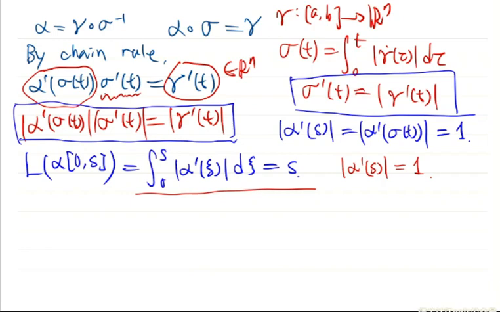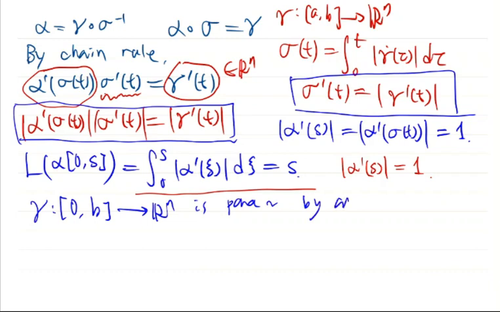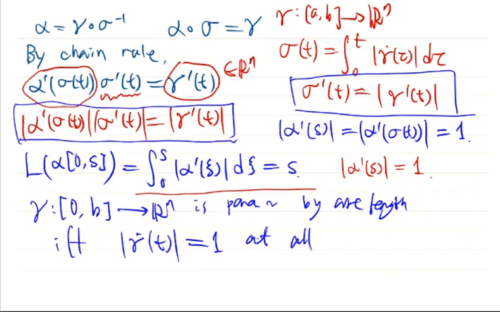So the conclusion is that gamma from 0,b to Rn is parametrized by arclength if and only if the norm of its derivative is identically 1 at all but finitely many points. We don't require this to hold for every point in the interval 0,b, but it can fail at finitely many points.